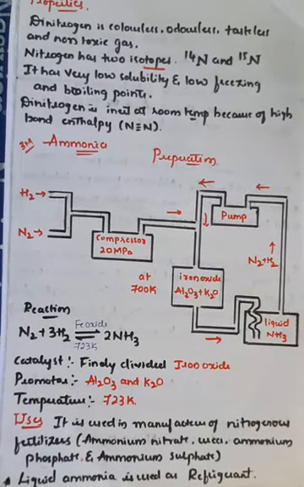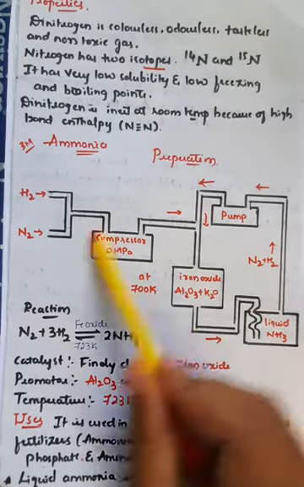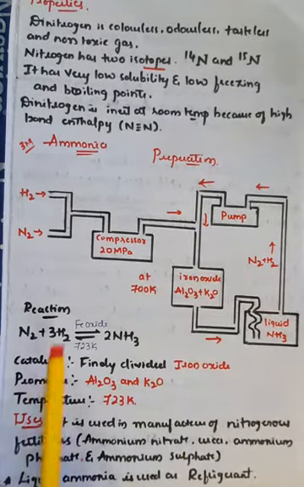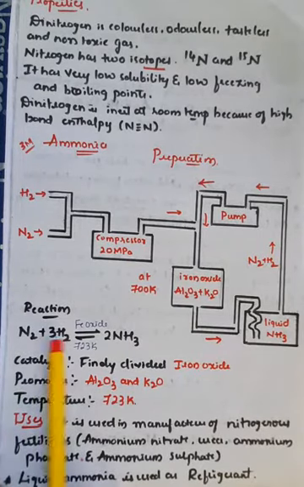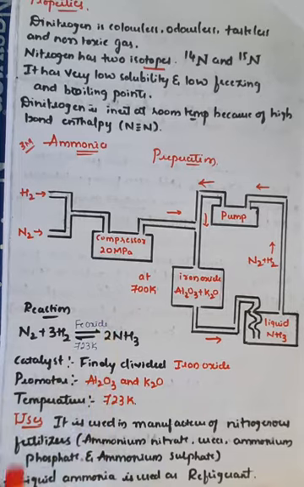Along with that, we have seen three important 3-mark questions, that is, preparation of ammonia by Haber's process. If they ask for 3 marks, there is no need for any kind of explanation. Just draw the schematic representation and write the reaction and the conditions. N2 plus 3H2 in the presence of iron oxide at 723 Kelvin converts into ammonia.